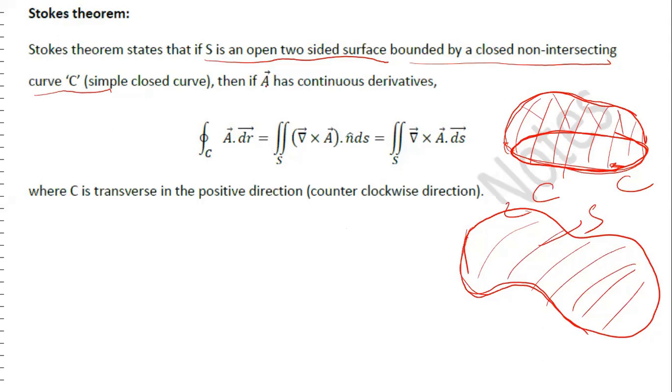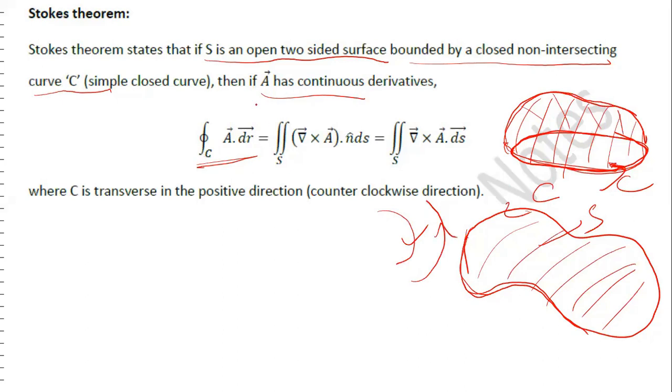Then if A is a vector field which has a continuous derivative within this surface, then Stokes theorem says that the line integration of the vector field over the closed curve, counterclockwise. Clockwise, you know, it is rotating like this; counterclockwise means it is rotating like this.